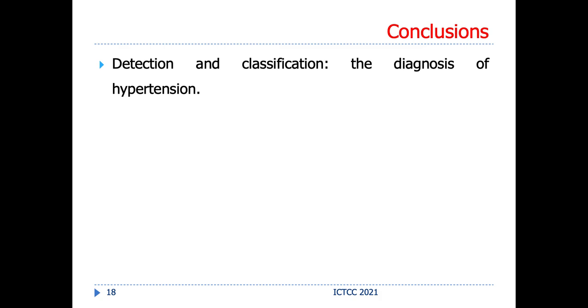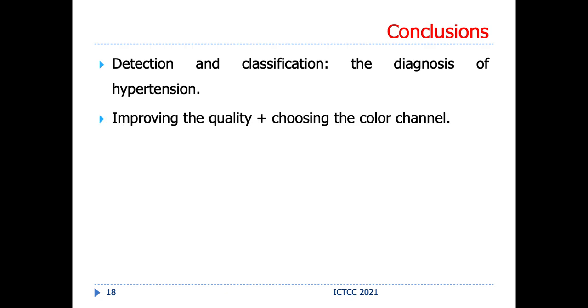So the detection and classification is very important for the diagnosis of hypertension. And we can conclude that improving the quality and choosing the color channel for the input parameter is necessary. The morphology is an old approach in image segmentation.